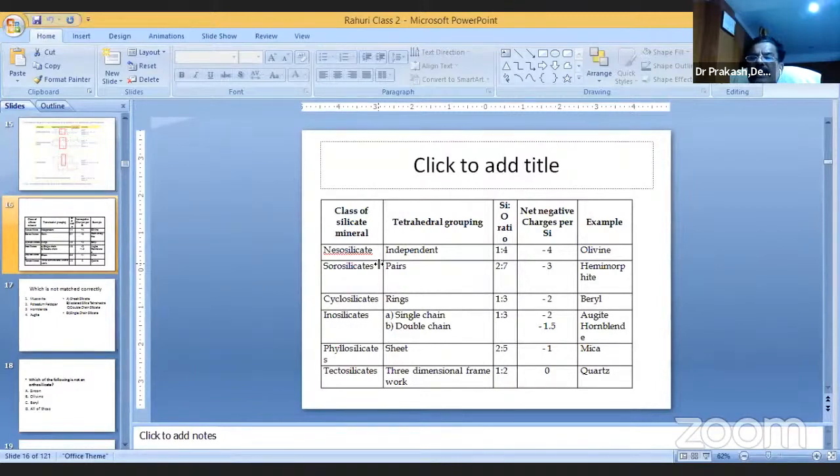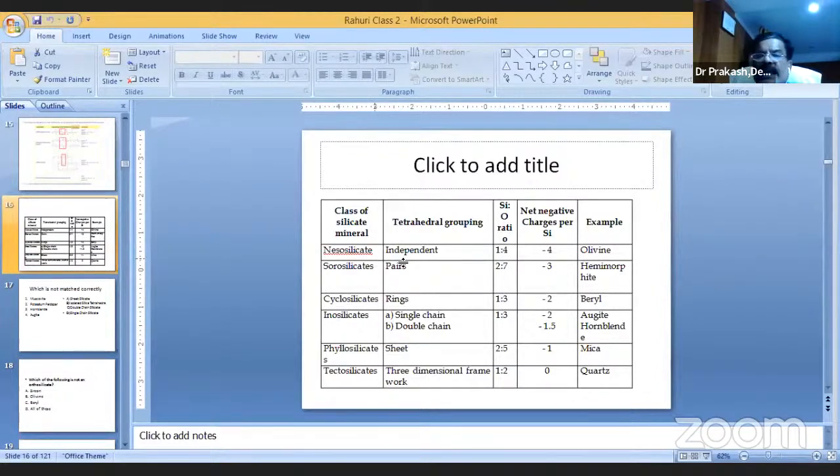And tectosilicates is 1:2. Net negative charges per silica: -4, because all the 4 oxygens in case of independent silica tetrahedra are unshared. So definitely it will have 4 negative charges. And in case of the other groups, it will have -3, -2, -2, -1.5, -1, and 0.